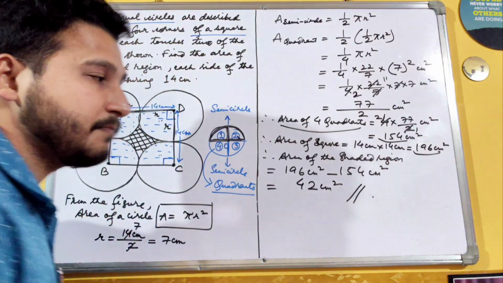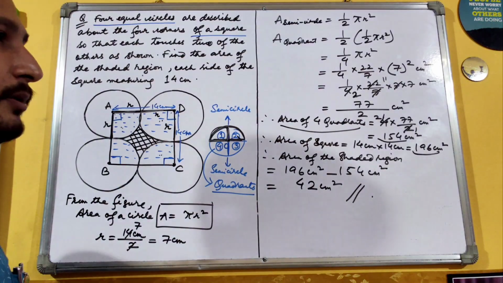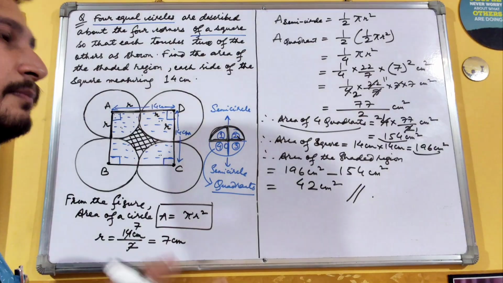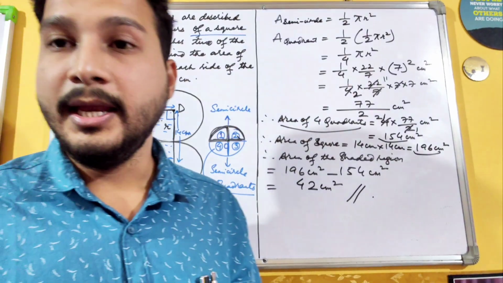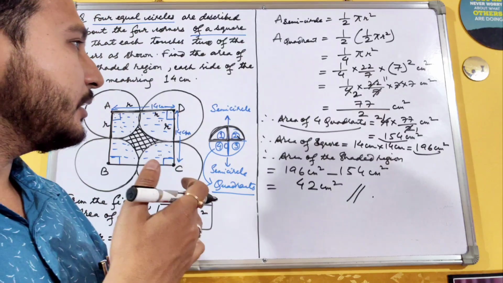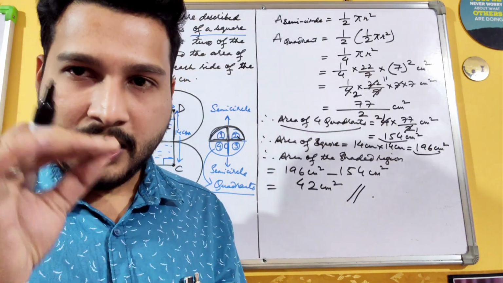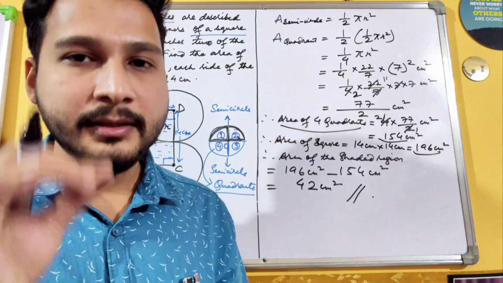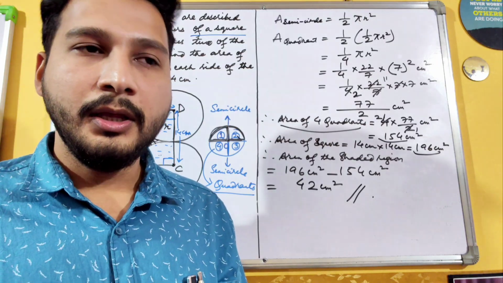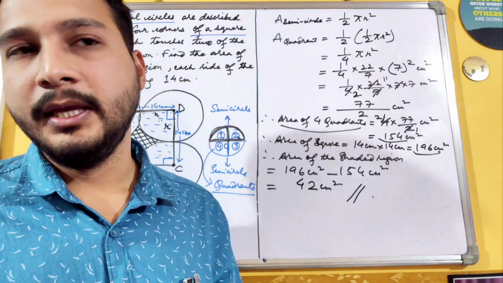That's the final answer. This is how you should tackle the problem. Don't get confused or put yourself into a dilemma. If you get a big problem like this, finding areas of shaded parts, just look at the problem, think of the problem, see what the given data are, analyze the problem.